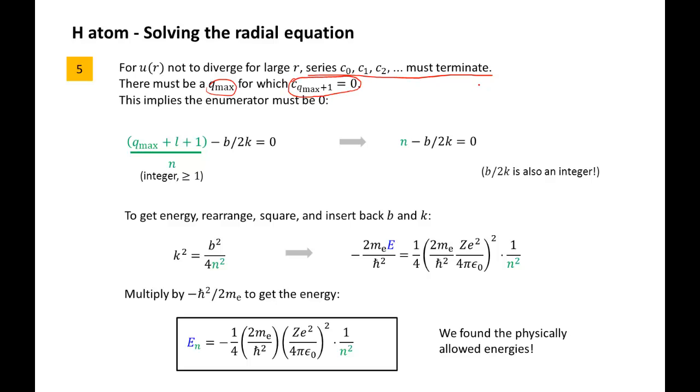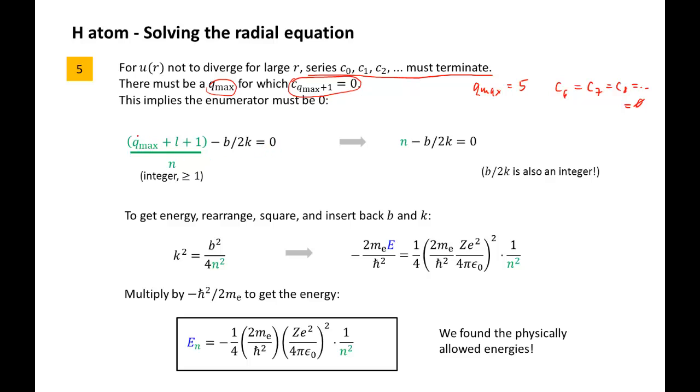For example, if Qmax equals 5, it would mean that C6, C7, C8 and so on should all be 0. If you write this out using the previous equation, we get Qmax plus L plus 1 minus b over 2k has to be equal to 0.